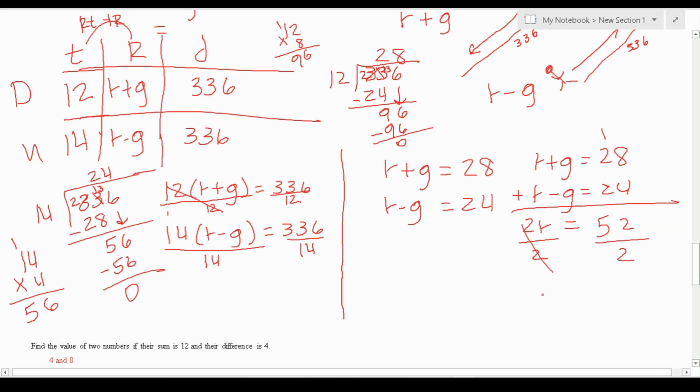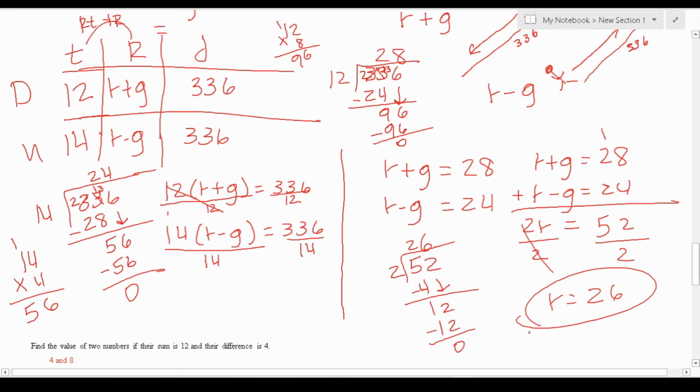That leaves us with r equals 52 divided by 2. Let's work that out. 2 goes into 5 2 times without going over. 2 times 2 is 4. 5 minus 4 is 1. Bring down this 2. 2 goes into 12 6 times. 6 times 2 is 12, so there's no remainder. So therefore, we know 52 divided by 2 is 26.